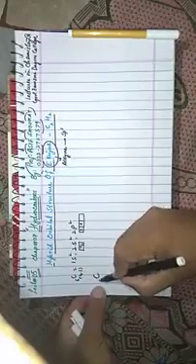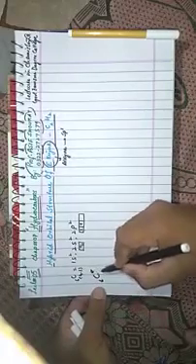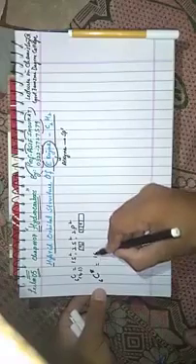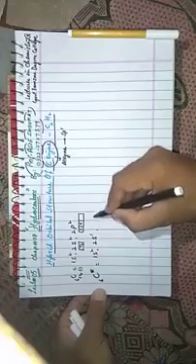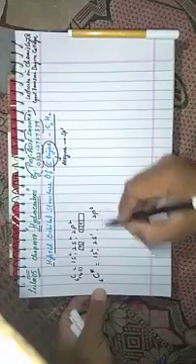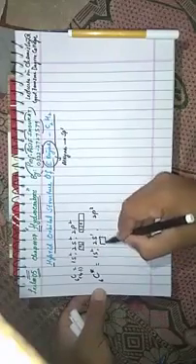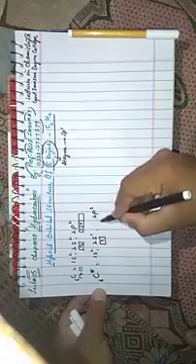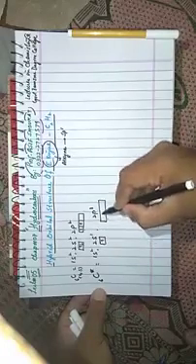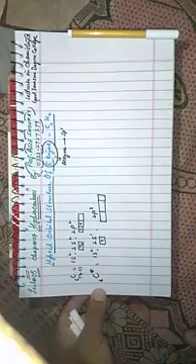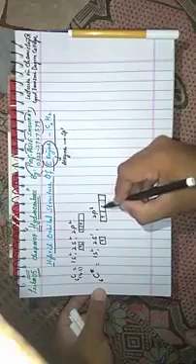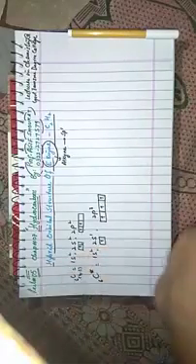In the excited state, this structure is showing the excited state of carbon. 1 electron jumps from 2s and gets into 2p. This 2s orbital now possesses only 1 electron, and in 2p there are 3 orbitals with 3 unpaired electrons.